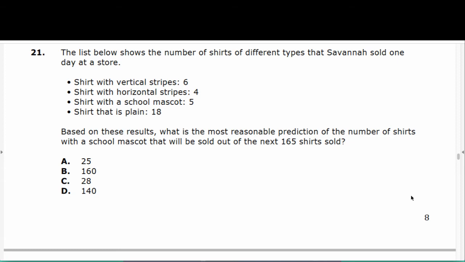Based on these results, what is the most reasonable prediction of the number of shirts with a school mascot that will be sold out of the next 165 shirts sold? A. 25. B. 160. C. 28. D. 140.